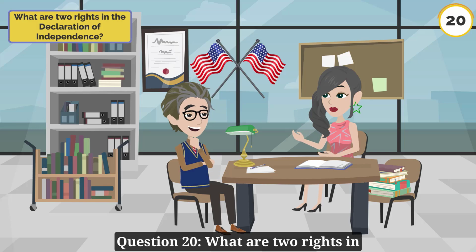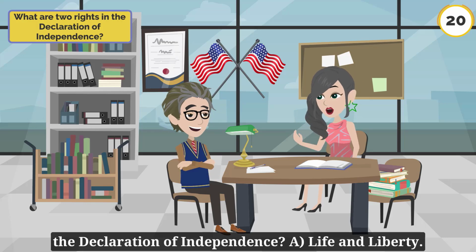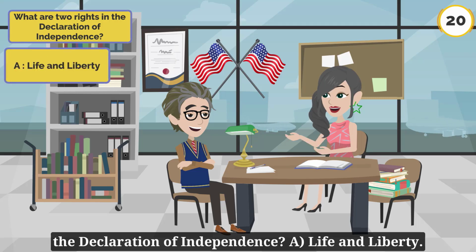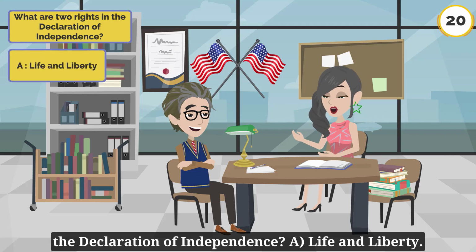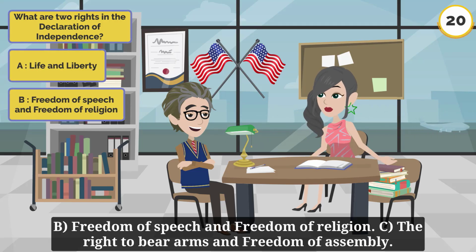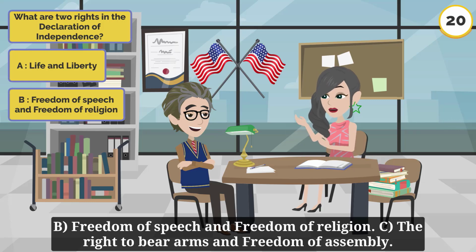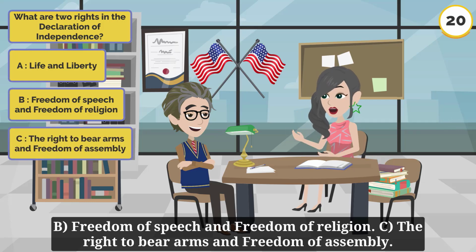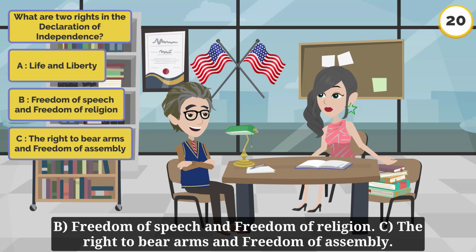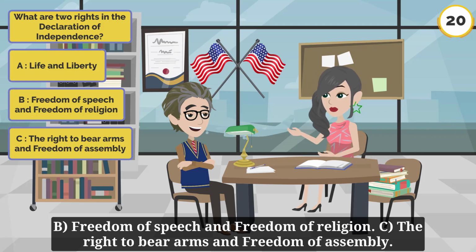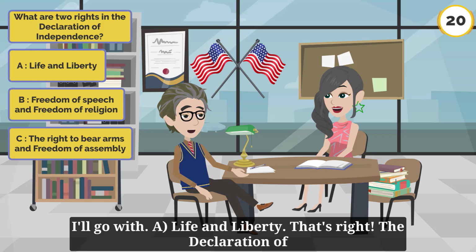Question 20. What are 2 rights in the Declaration of Independence? A. Life and liberty. B. Freedom of speech and freedom of religion. C. The right to bear arms and freedom of assembly. I'll go with A. Life and liberty.